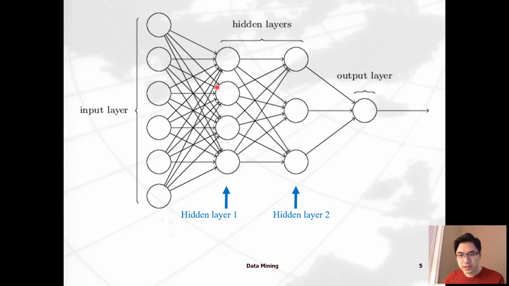Okay, so these would be the hidden layer areas, and for this example, it shows two hidden layers. But by the same logic, you can have three layers. You could have only one layer, as many layers as you desire.